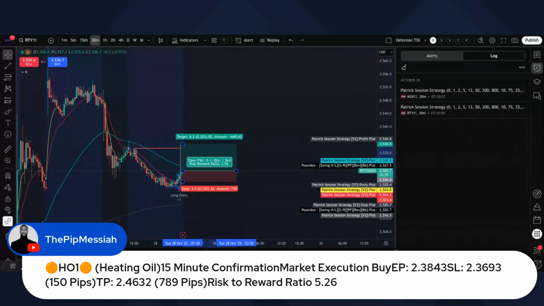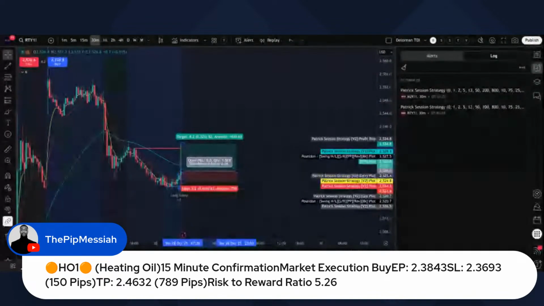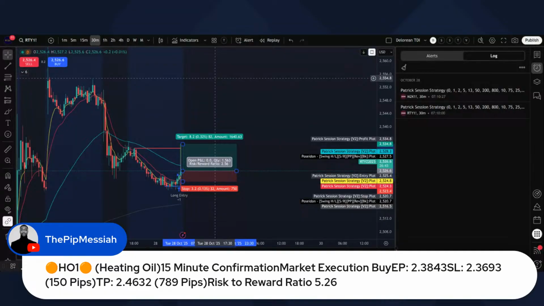Now, RTY1, if you're not familiar, is the Russell 2000. And we're going to enter that shortly. It's a lesser known U.S. stock exchange. Trades out of Chicago.